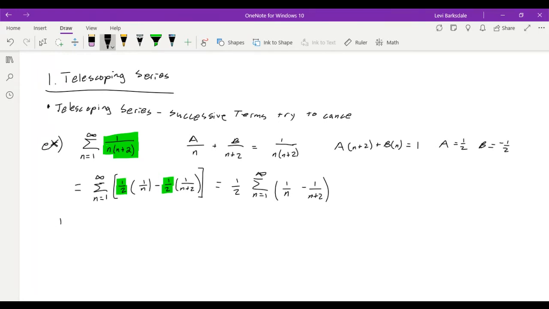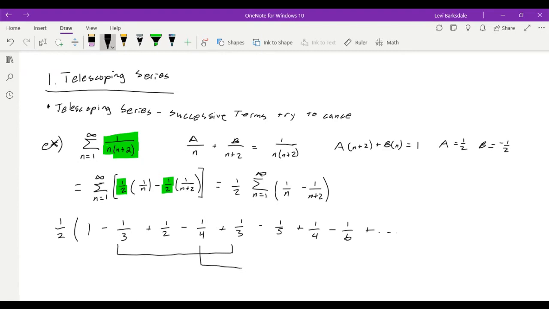Now if we actually started writing out some terms of the series, our first term would be 1 over 1 minus 1 over 3, plus 1 over 2 minus 1 over 4, plus 1 over 3 minus 1 over 5. We'll do one more, plus 1 over 4 minus 1 over 6, and so on. And if you look very carefully, you can notice that right here we have a negative 1/3, and it'll cancel exactly with this positive 1/3.